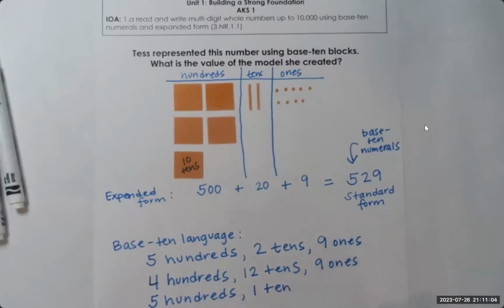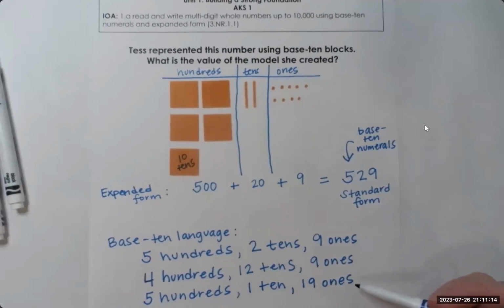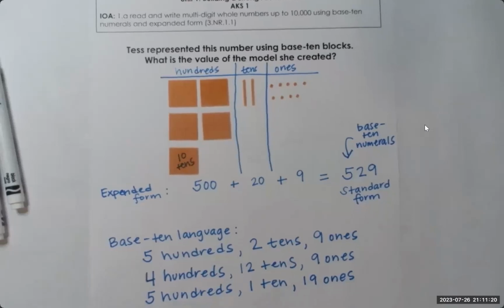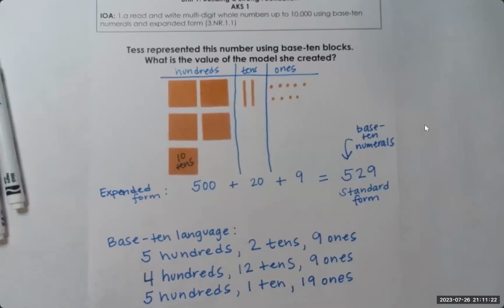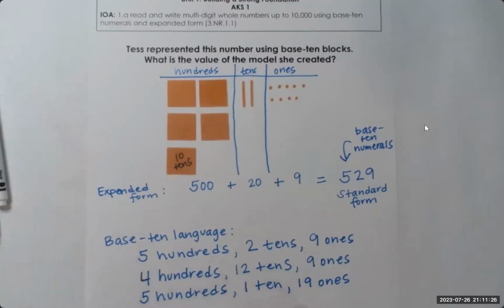And then I'm going to take those 10 and place them in the ones place, and I have 19 ones. All of those different base 10 languages mean the same thing. They represent the same number. So again, this is helping to reinforce that place value understanding for our students to help them to be able to understand how to read and write multi-digit numbers.